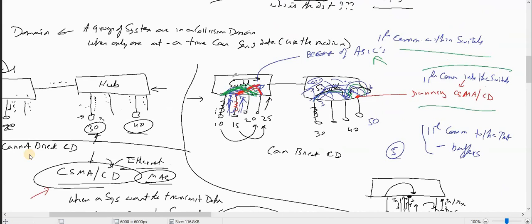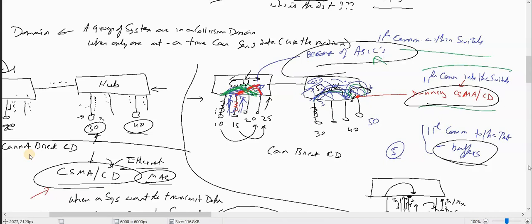Because ASICs have full mesh connectivity from port to port, parallel communication in the switch can happen. And because buffers are maintained on a port by port basis, both incoming and outgoing, parallel communication to the port is possible. Because of these 3 reasons, the switch is able to break the collision domains.